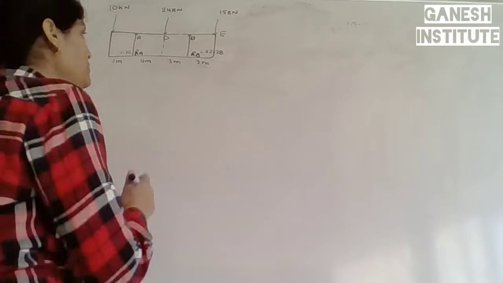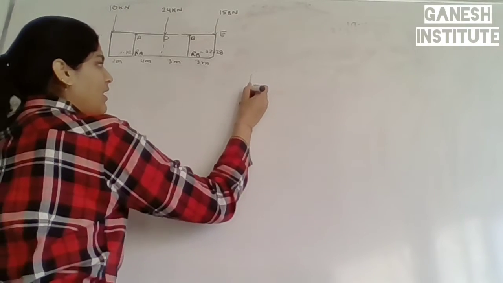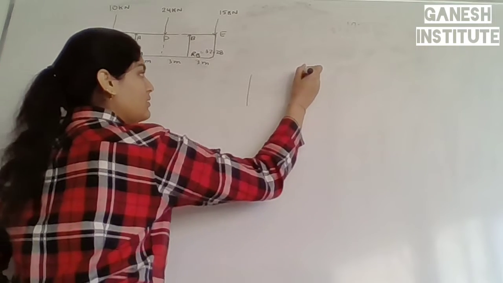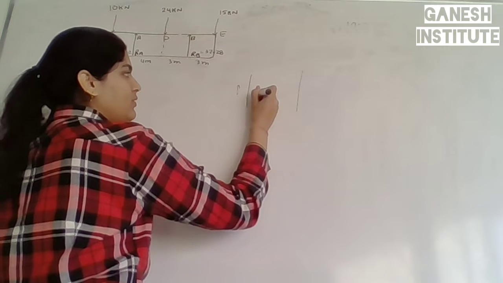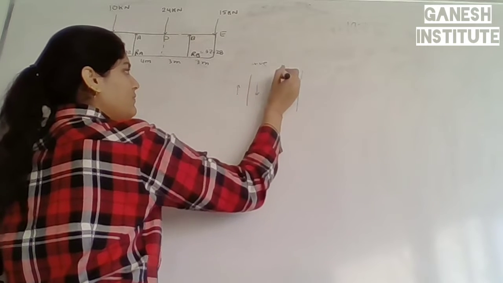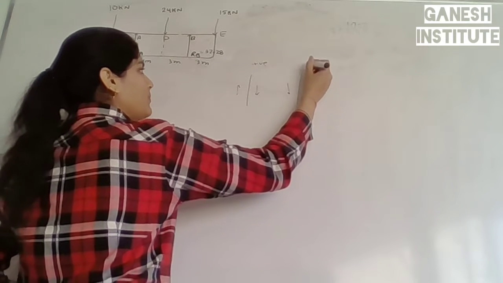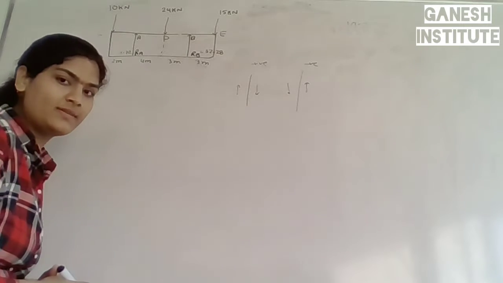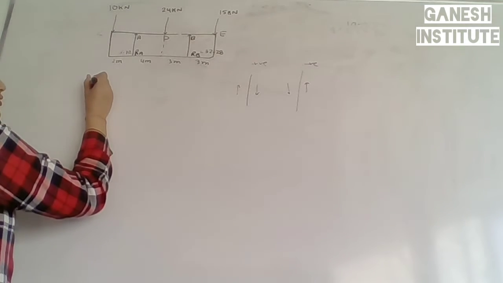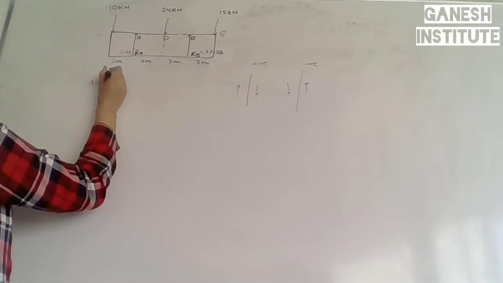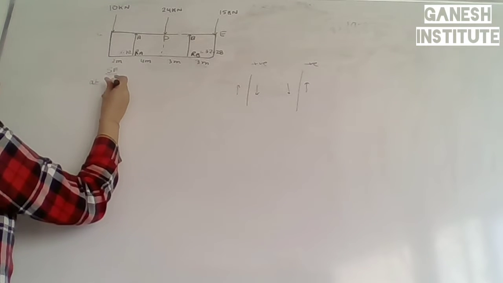Now for shearing forces, how do you remember the sign convention? All the upward forces on the left are positive, right? So let's begin. We want to find the shearing force at point C.